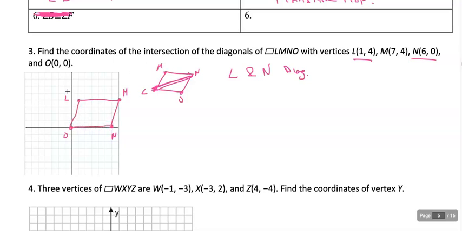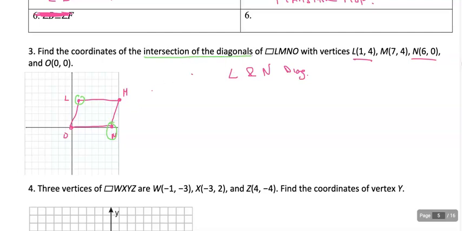My diagram was a little different from what they have, but it is consecutive. So you could do this with or without the diagram. It doesn't matter. But notice that they are consecutive, and recognize that L and N are your diagonals. So when it's asking for the intersection of the diagonals, you just need the midpoint, because they intersect at the midpoint here.